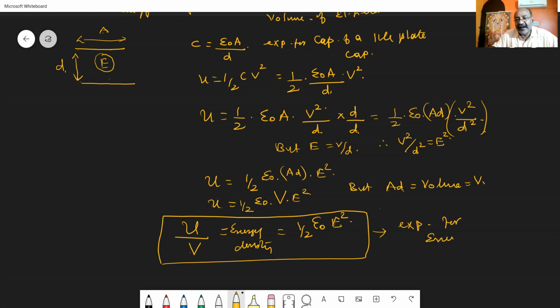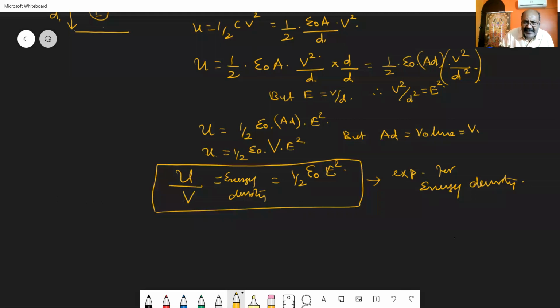If you have a capacitor with a medium other than air, then you have to introduce a constant K or epsilon R. Let us consider it as a special case.